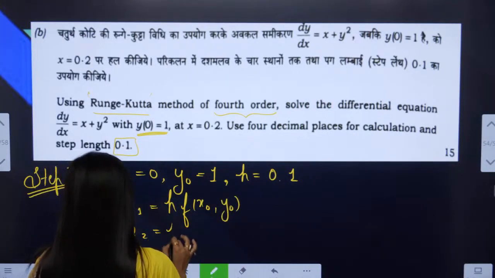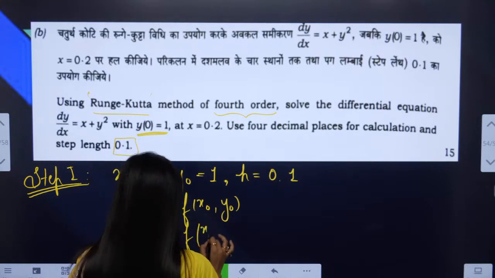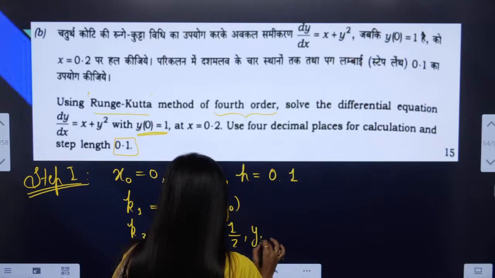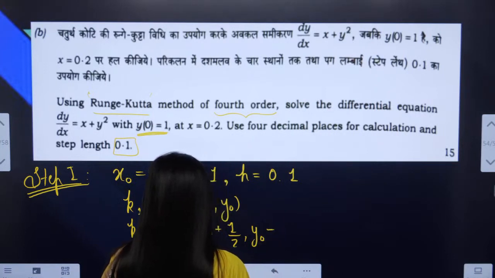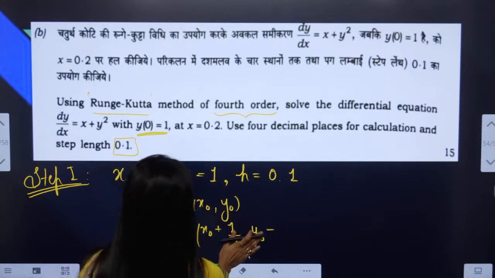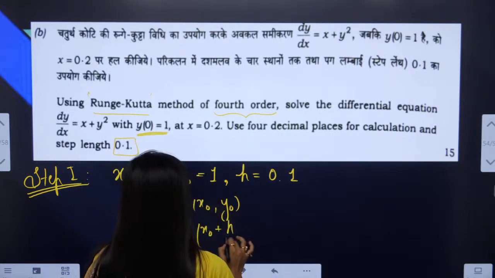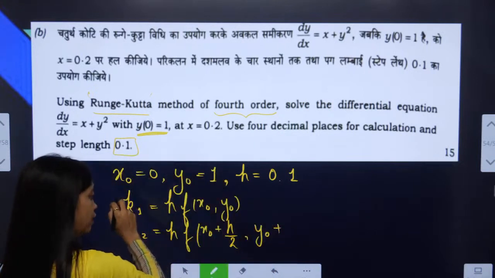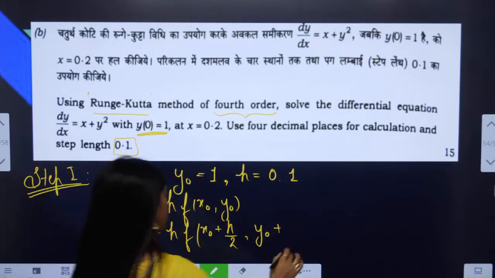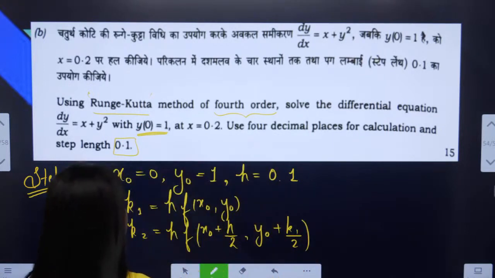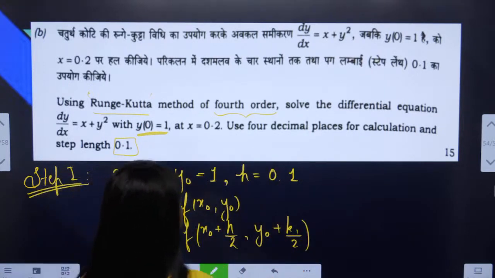K2 is h times f of x naught plus h by 2, y naught plus, sorry, this is h by 2, and the second requires the use of this K1 that you have calculated, K1 by 2, right. And then you have K3 also.